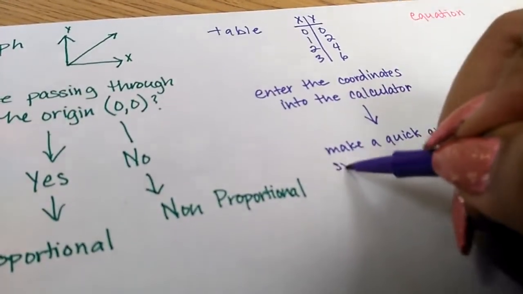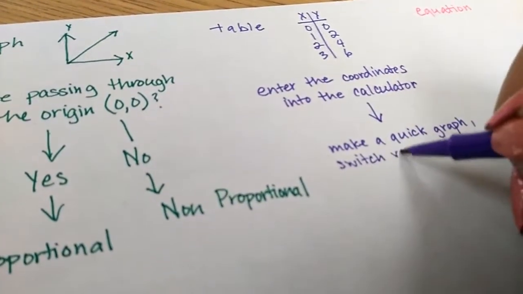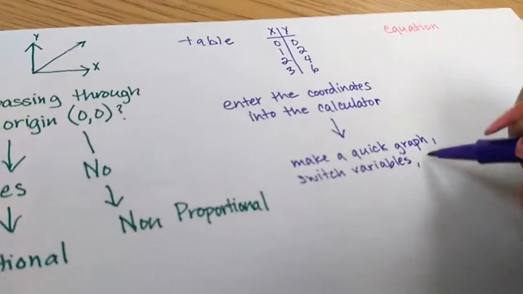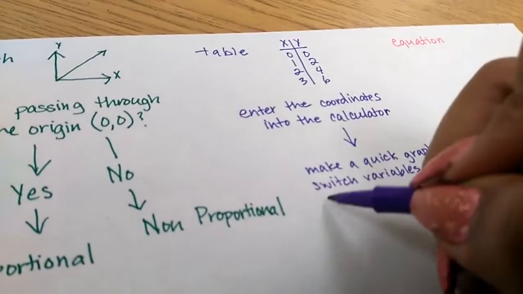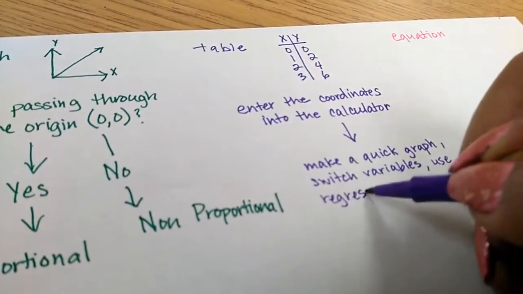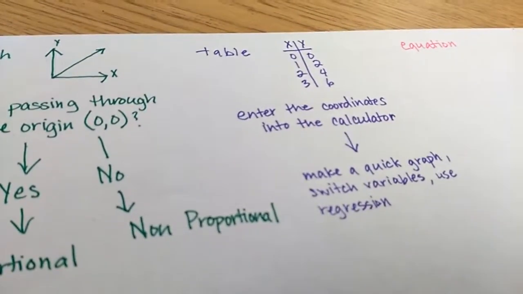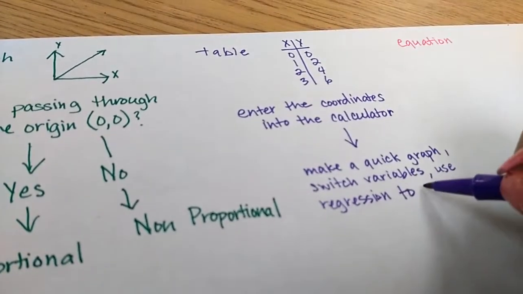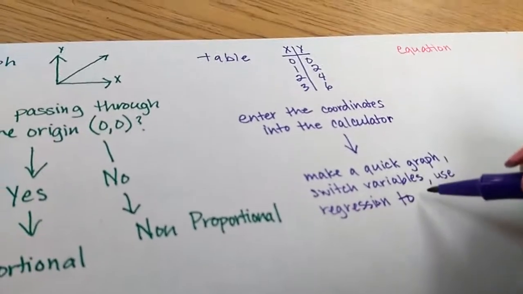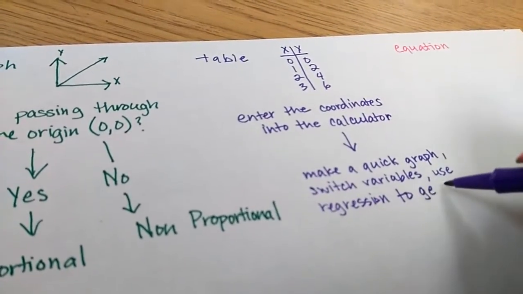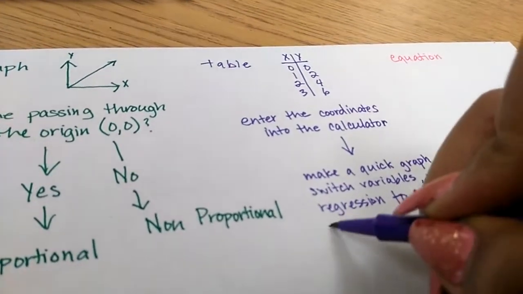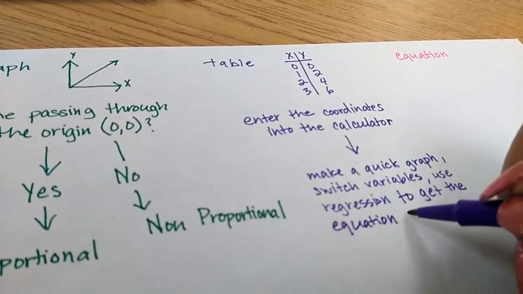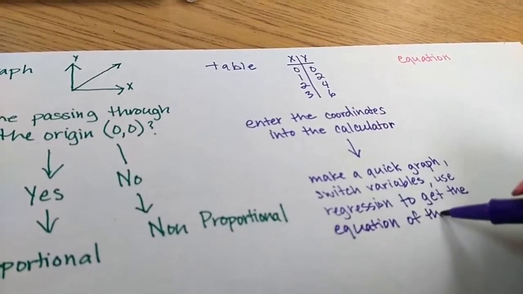You're going to switch your variables. And then you would use regression to get the equation for the line, I'm sorry, of the slope.